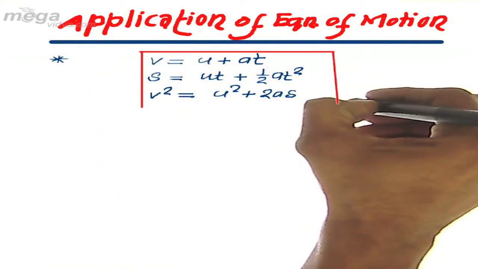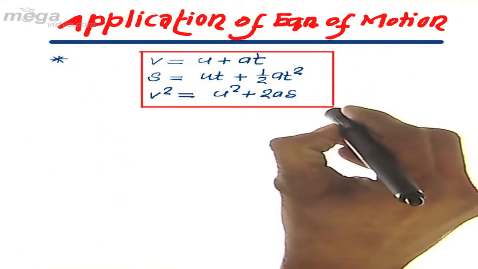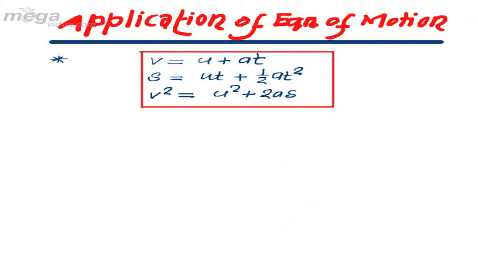Many of you have seen these equations most of the time, because while we study science, these are the basic three equations which explain all types of motion with constant acceleration.